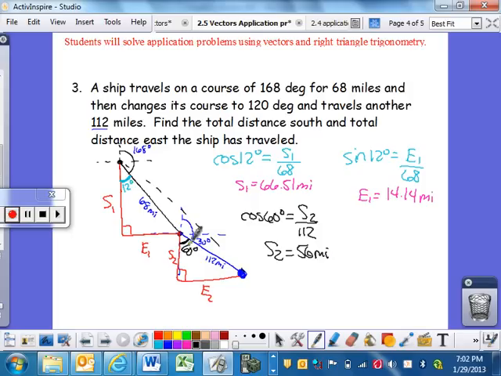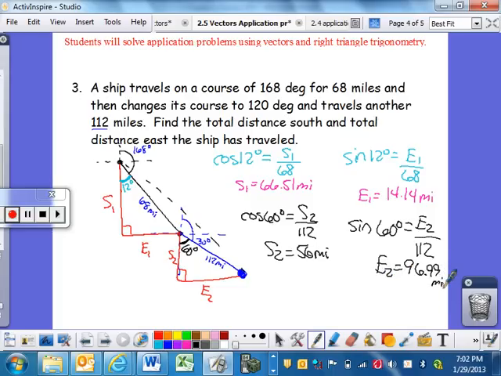And then likewise, to find my east one, I need to find the opposite over hypotenuse. So it's going to be sine of 60 degrees equals the east 2 vector over 112. Multiply 112 to both sides. That means east of 2 is going to be about 96.99 miles, essentially 97 miles.